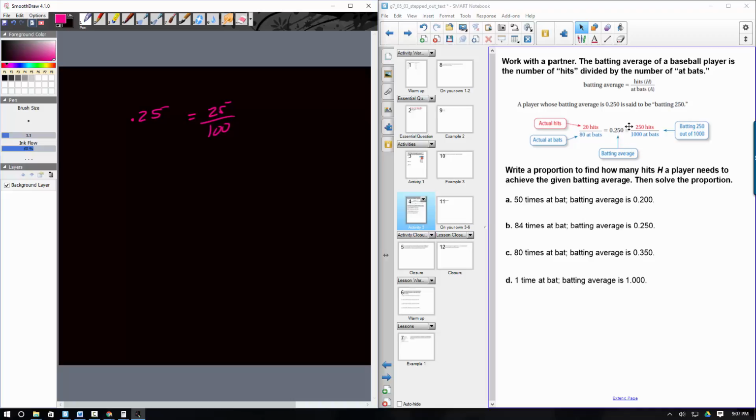Or the example it has here is 0.250, which is equal to 250 over 1,000. They mean all the same thing, just so we know.